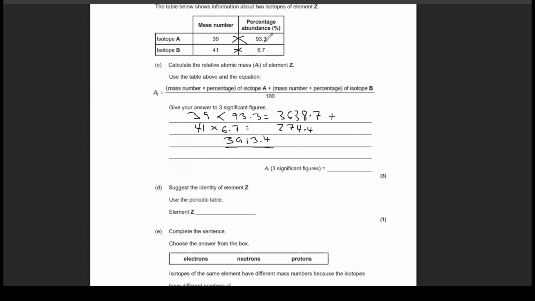Now we need to divide this by the total abundance, which is 100. So we divide that by 100, and that equals 39.134. Now what I say is do the common sense check. What's the common sense check?